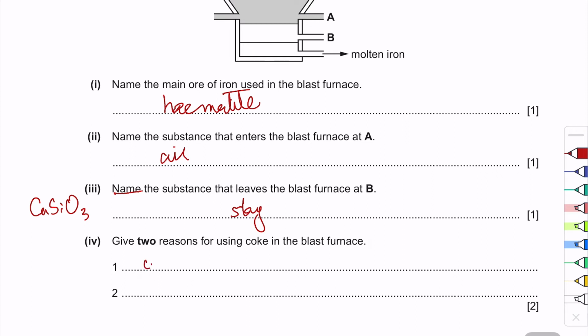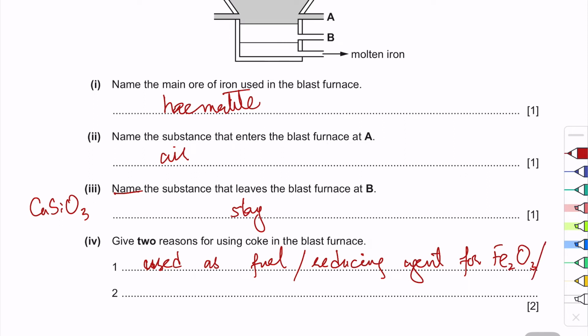So we can say that coke is used as a fuel or reducing agent, and we have to mention what it reduces. So, reducing agent for iron oxide.